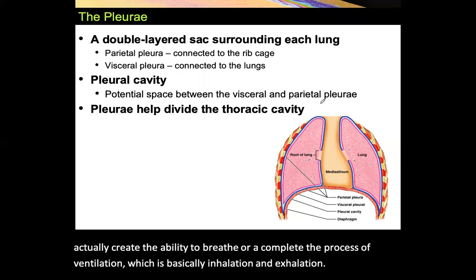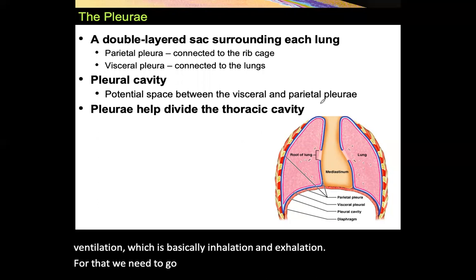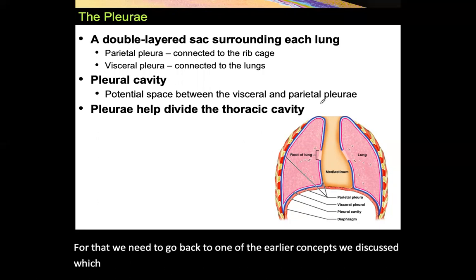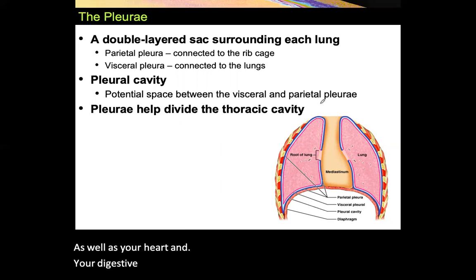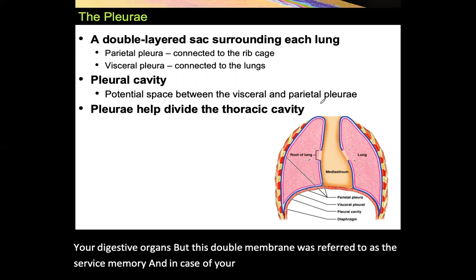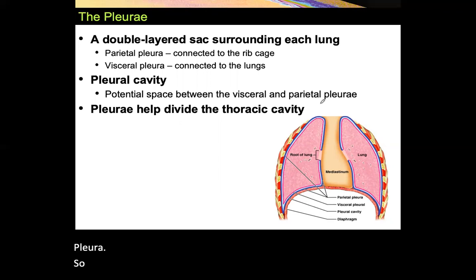For that, we need to go back to one of the earlier concepts we discussed, the double serous membrane that is present around your lungs, as well as your heart and your digestive organs. In the case of your lungs, this is referred to specifically as the pleura. The pleura has two membranes.